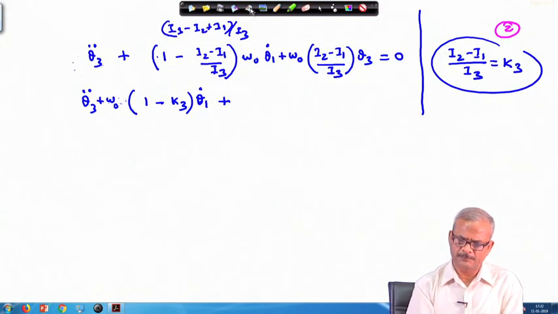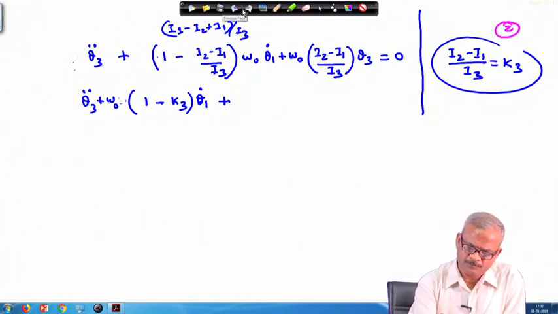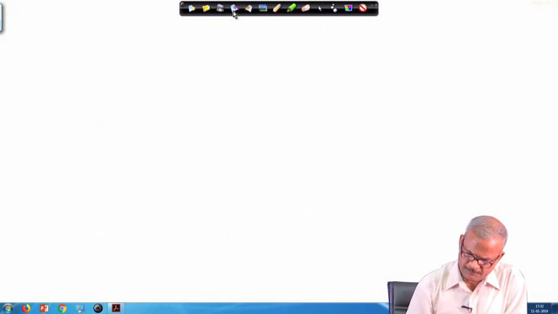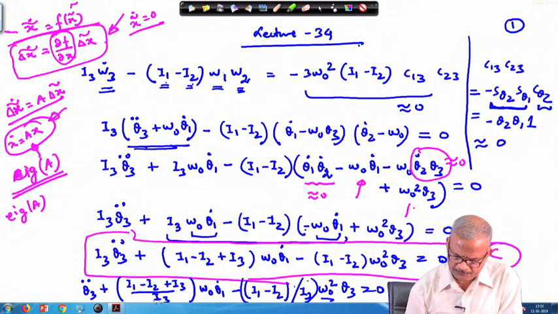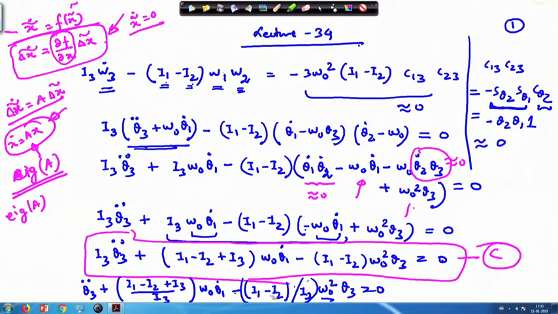Okay. One extra blank page has appeared. So, here this quantity is omega 0 square. Two extra blank pages have turned up. So, minus omega 0, this we have written as I 2 minus I 1.